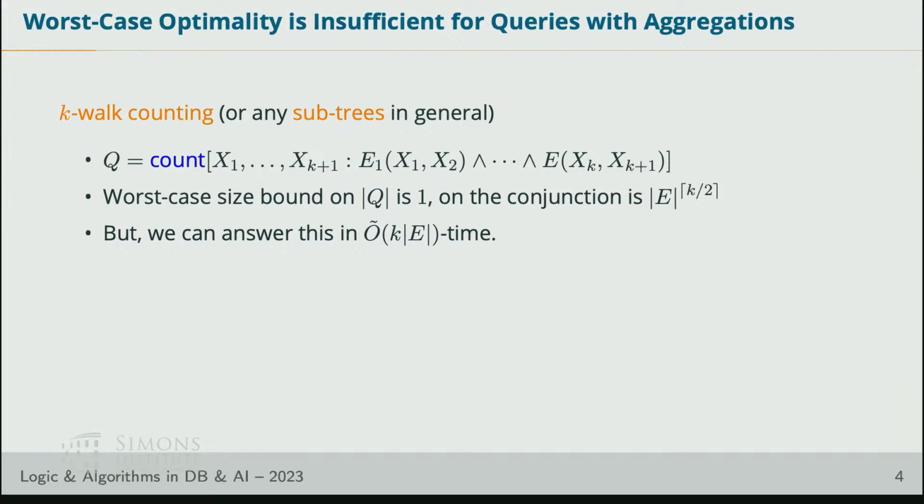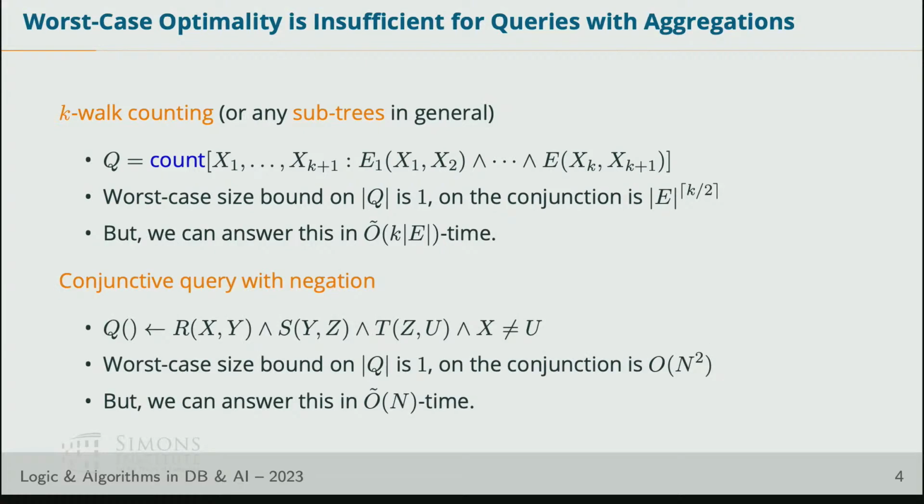That's a terrible bound. The longer the walk, the higher this exponent is going to be, even though the output size is only 1. And we know, I'll show you later, that we can answer this query in essentially linear time. It's just k times E. So it is in between, but it's closer to 1 than to this exponent.